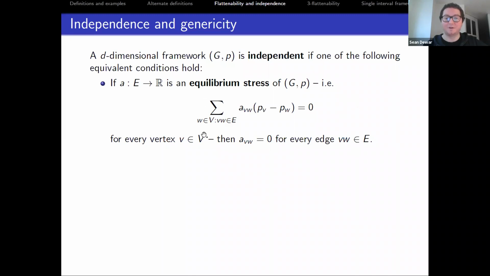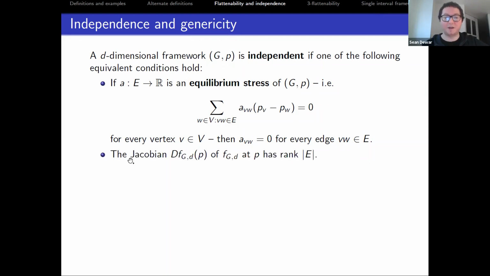For every vertex, you look at the set of neighbors, all the vertices adjacent, you look at this sum, and you want it to be equal to 0. That's for it to be an equilibrium stress. And you're independent if and only if every equilibrium stress has to be equal to 0.